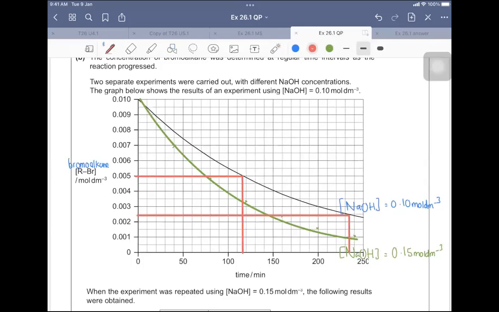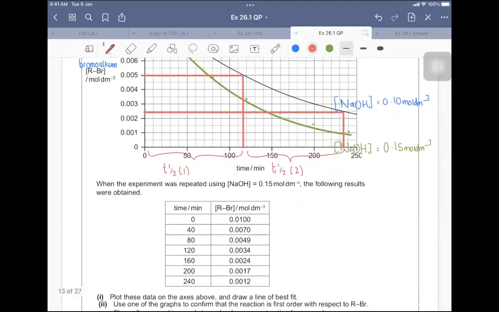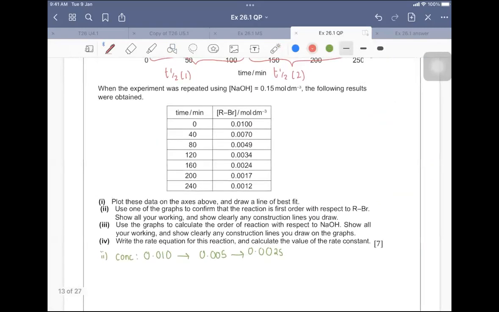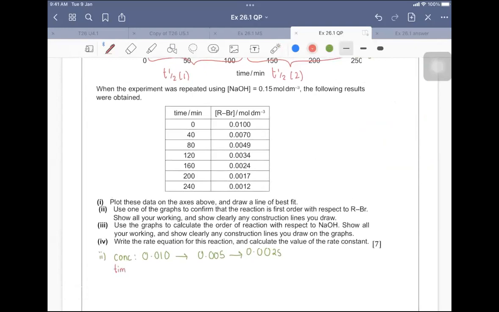We take this as your T half 1, and this as your T half 2. If you can see it from the graph, then that's great. If not, you will use this working. The time is then 0 minutes to some number, and then at 0.0025 you will read the number again, and this is our first half-life, and this is our second half-life.